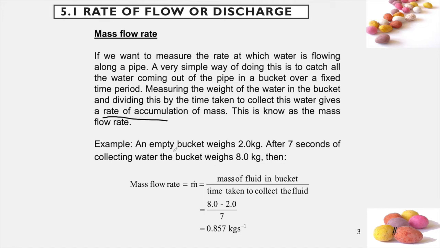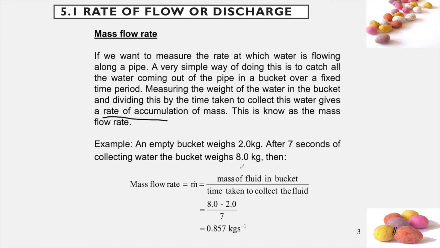For example, an empty bucket weighed 2 kg. After 7 seconds of collecting water, the bucket weighed 8 kg. This is the weight after the bucket has been filled by the water.